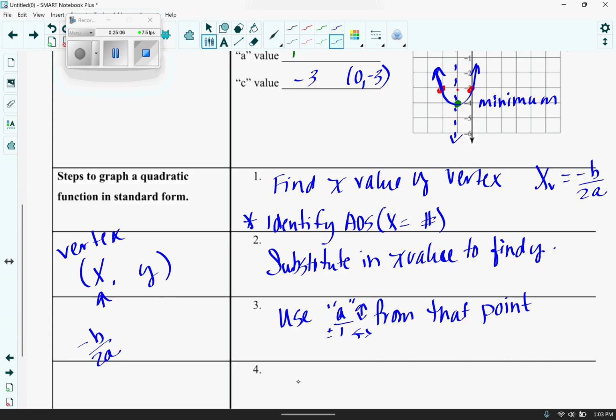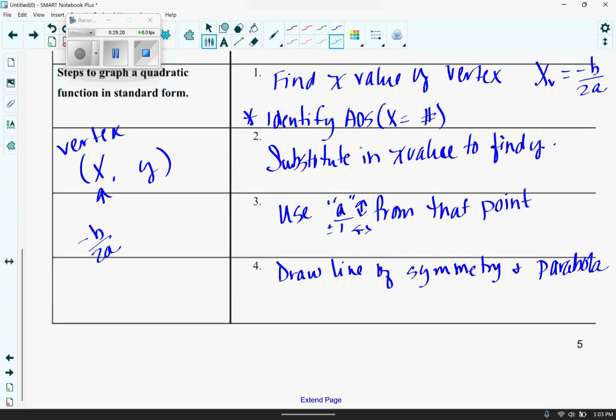And number 4, we're going to draw the line of symmetry and the parabola. Check for the c value on the y-axis. So we have a lot of little things to do for this. So let's try it.